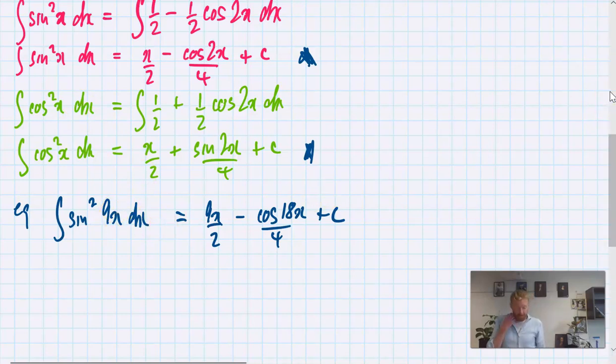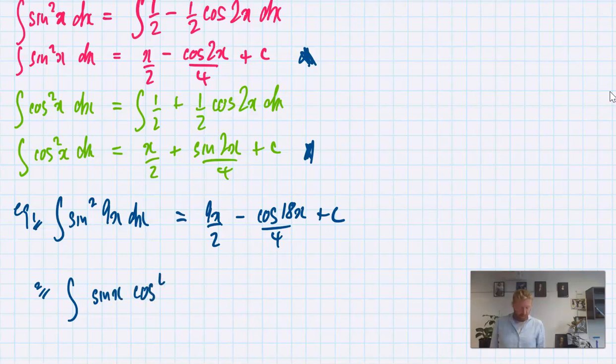Some other trig functions that we might come across would be, well, let's call that example 1, example 2. Let's say the integral of sine x cos 4x dx. Okay. Just another complicated trig function.